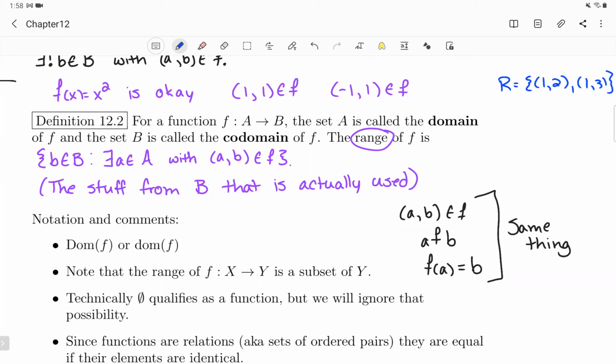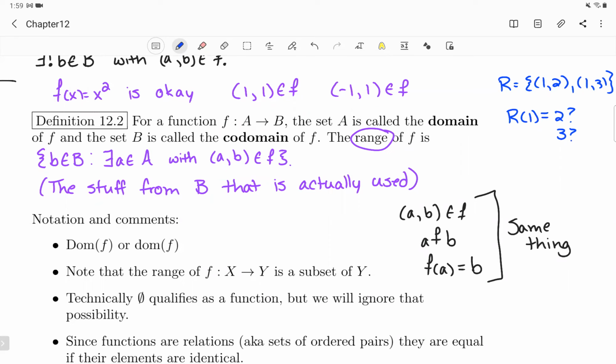Because given an A, I actually have two different outputs that match it for one. It doesn't have a unique thing. So if I try to use that function notation and I say R of 1 equals, what the heck do I put? Do I put 2? Do I put 3? That doesn't make sense, okay? So that last notation only works if it's a function, only works if given an input, there's one exact output, okay? That's why we need that in order to use that notation.